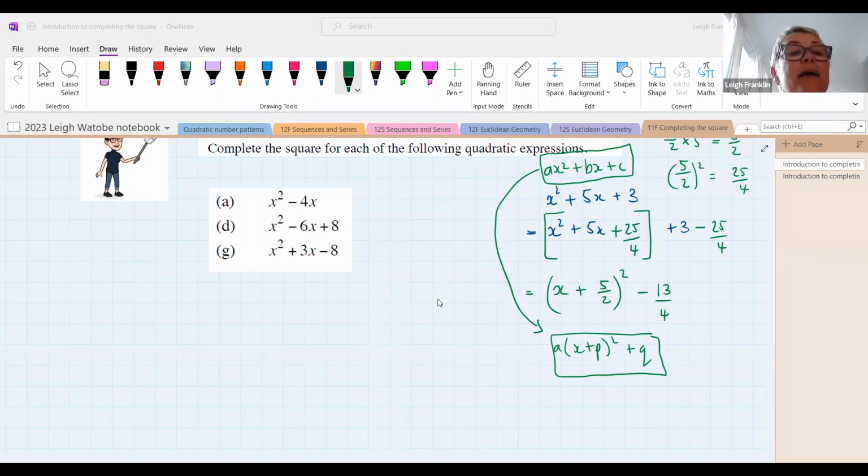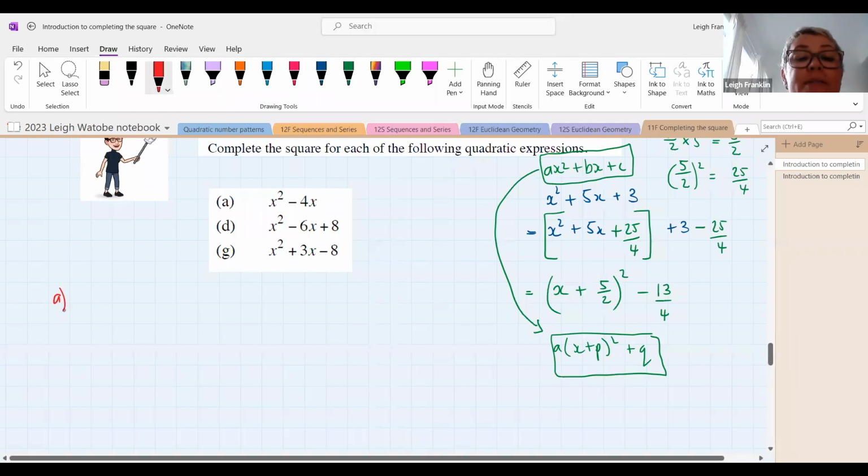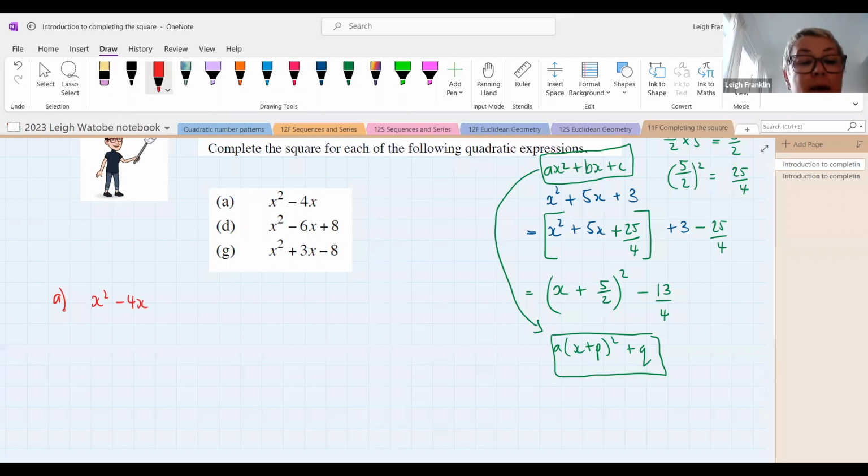So as far as A is concerned, A is one of those that it's so easy it becomes difficult. So if I have now completed the square, I've ended up with x squared minus 4x, and then at the end here, essentially what I've got is 0. So if I work out half of -4, I'm going to end up with -2.